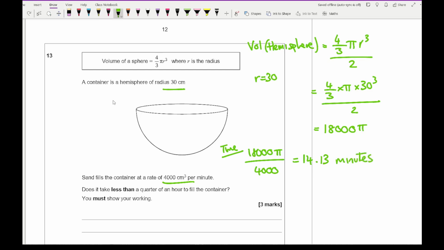Now the question's asking, does it take less than a quarter of an hour? Well, a quarter of an hour is 15 minutes. So as 14.13 is less than 15 minutes, the answer then is yes, it takes less.